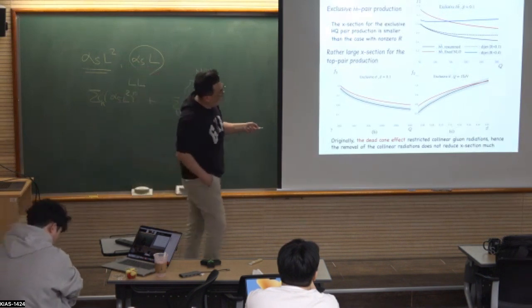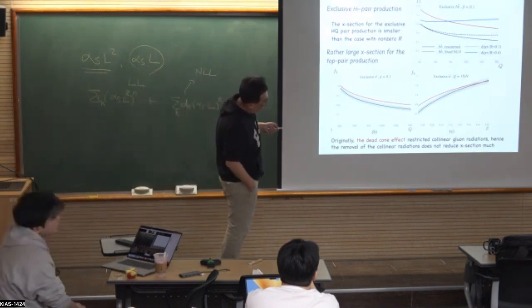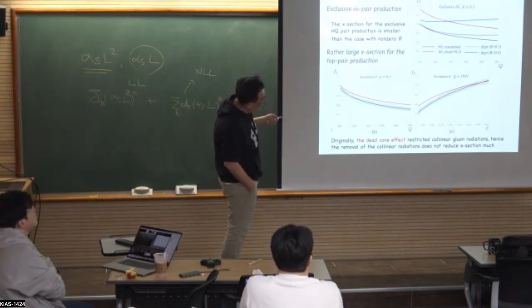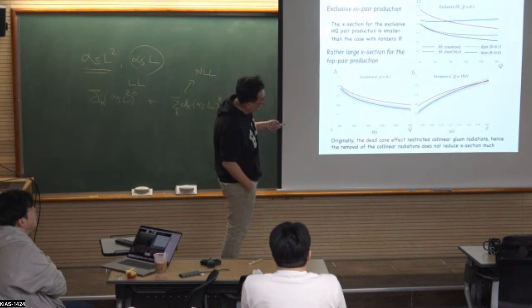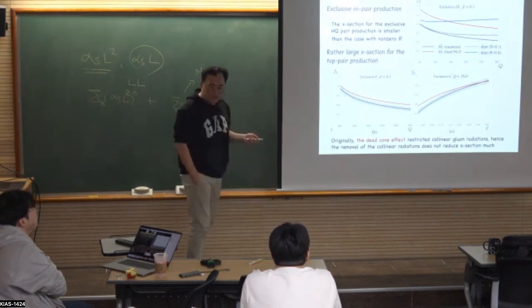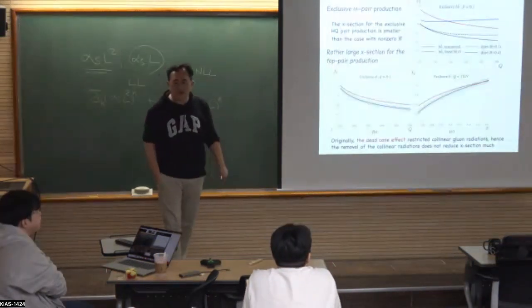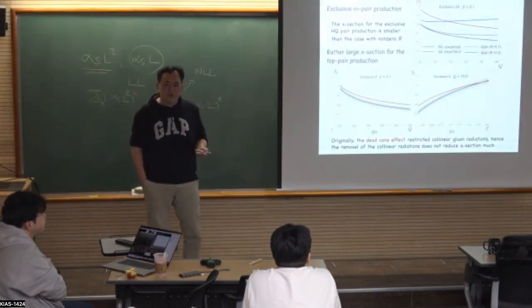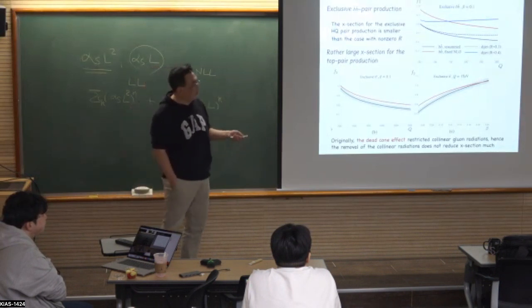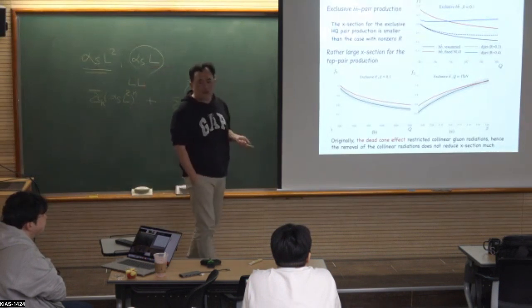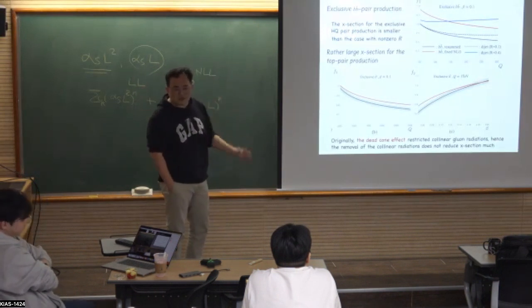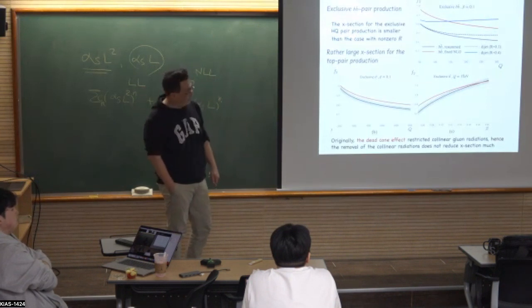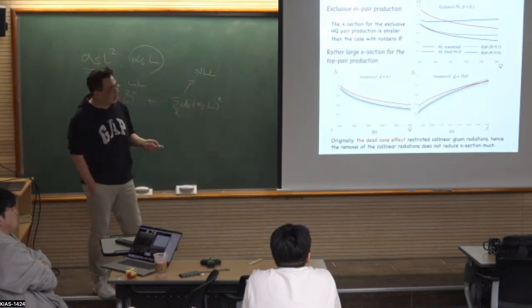And as Q becomes larger, the exclusive top pair production cross section gives us some suppression, but it still has almost 80% or 70% of the leading order or total inclusive result, right? So what I'm saying here is that in the case of the top quark, it doesn't experience large suppression, even though it is exclusive, right? The reason is the dead cone effect.